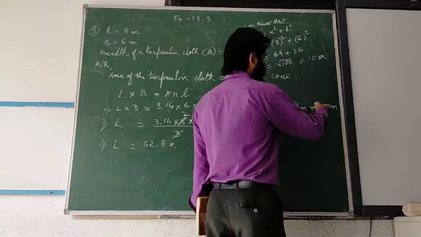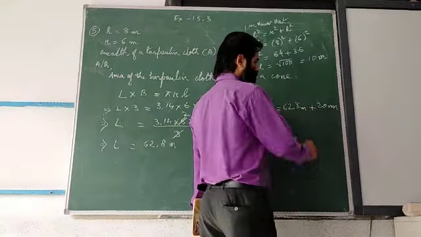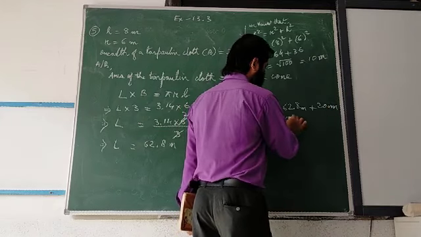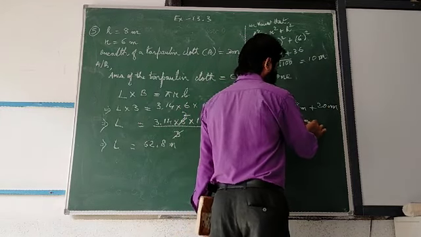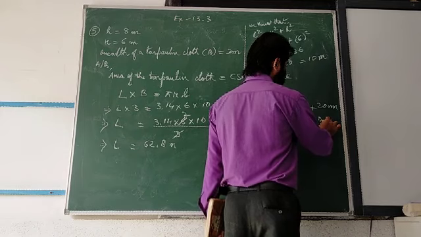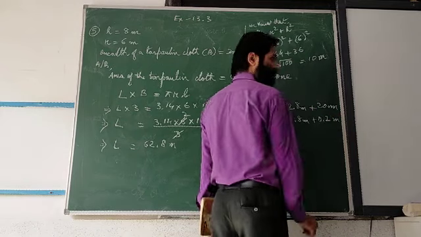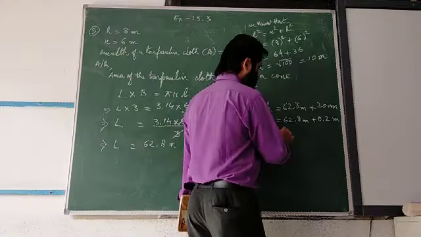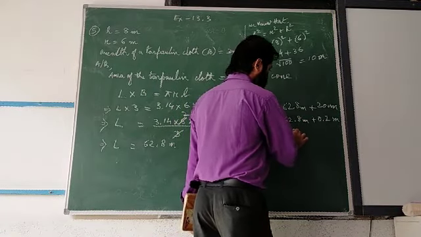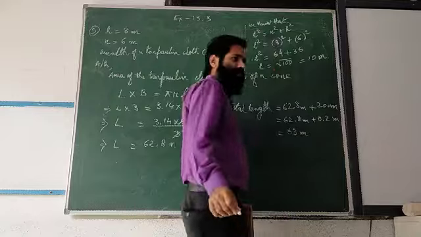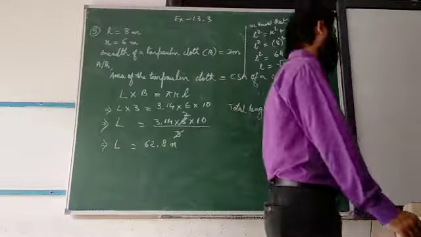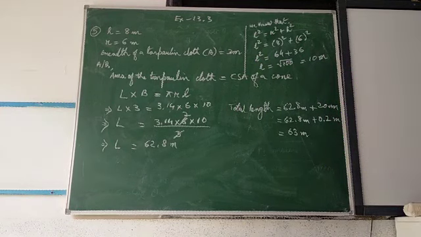But these are two different units, this is in meter and this is in centimeter. So we convert centimeter into meter: 20 divided by 100 is 0.2 meter. When you add this, you have 63 meters. So your answer will be 63 meter.